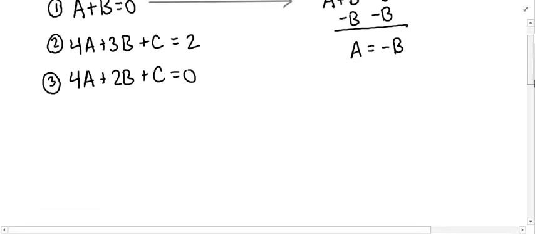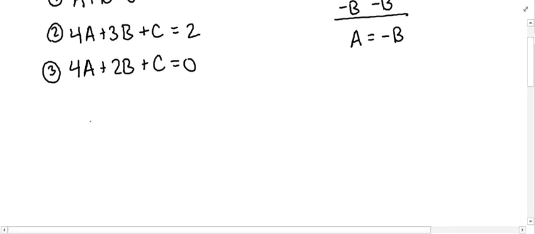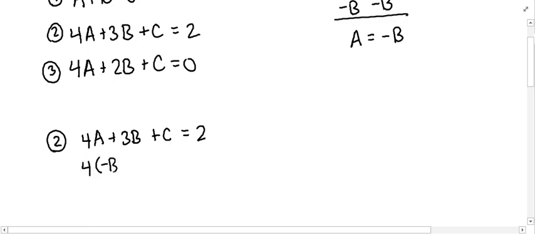I'm going to do that in the second and third equations. Equation 2 says 4a plus 3b plus c is equal to 2, and a is the same thing as negative b, so making that substitution, this is 4 times negative b, plus 3b plus c is equal to 2.